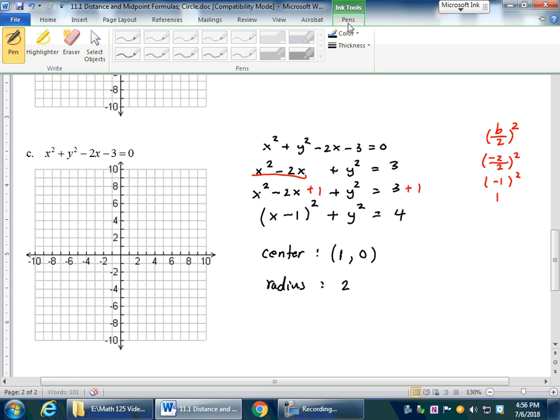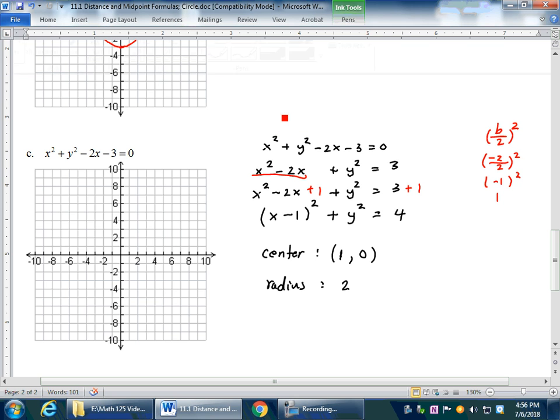Now using those to graph it, my center is (1, 0), which is right here. My radius is 2, so I'm going to go up 2 units, down 2 units, to the left 2 units and right 2 units. If I connect all of those points, that gives me the circle that we want.